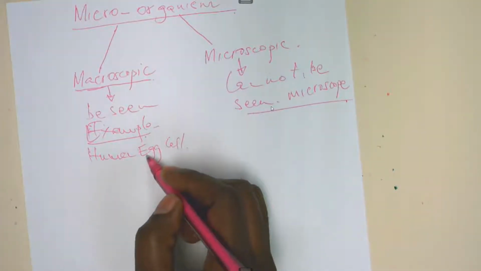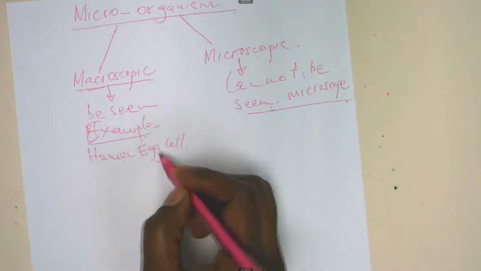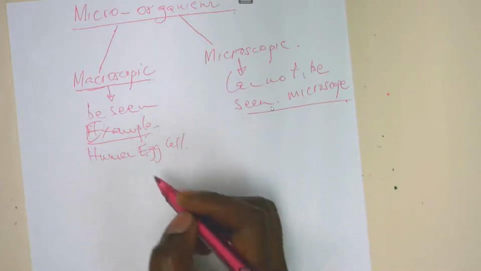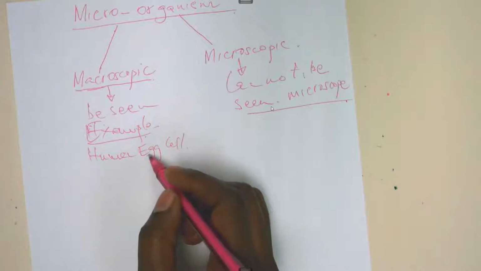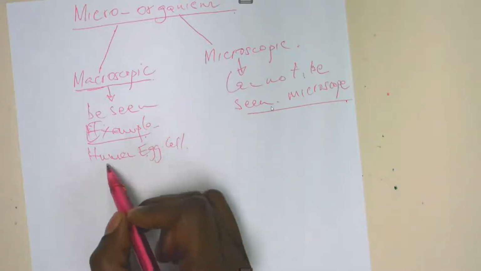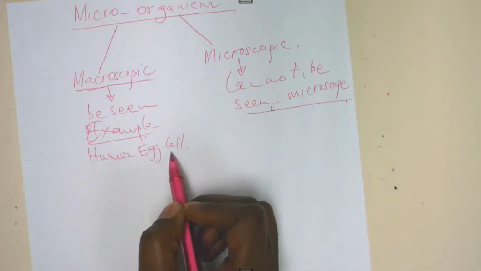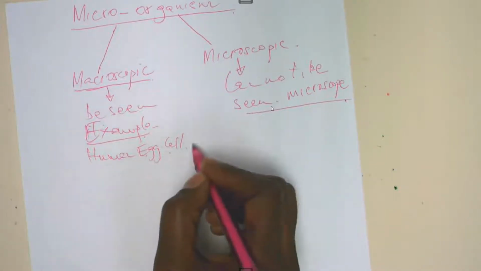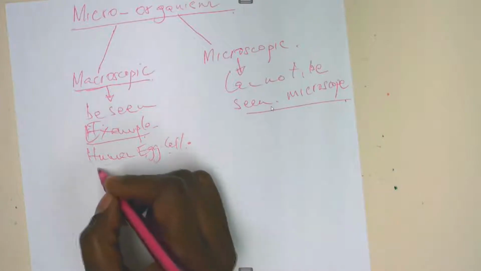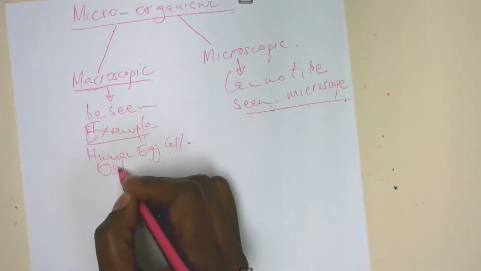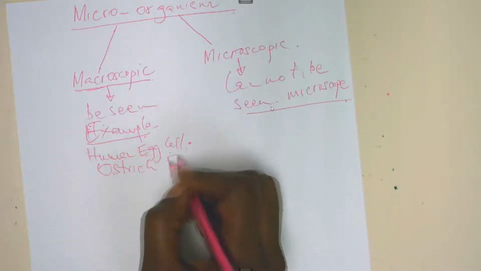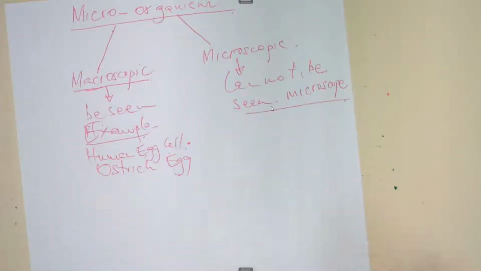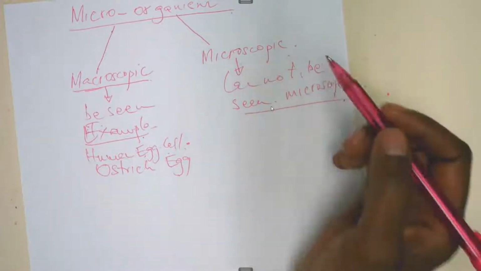You still remember that its size is very small, but at least we can see it. The human egg cell is the size of a dot. And then again, we have ostrich eggs.